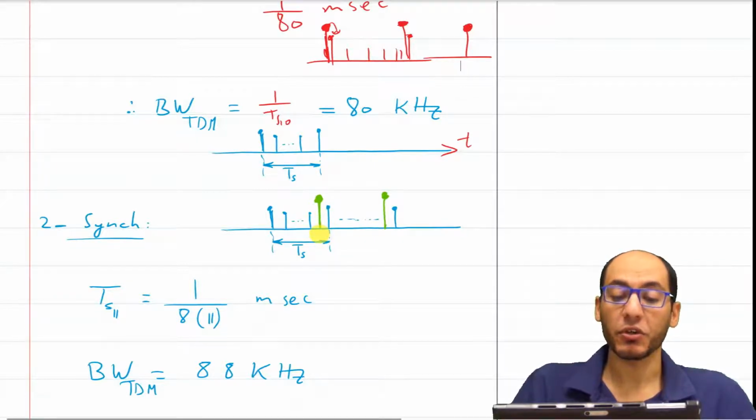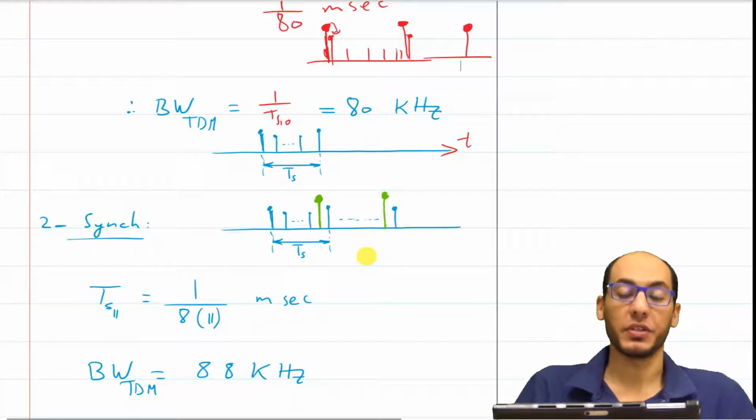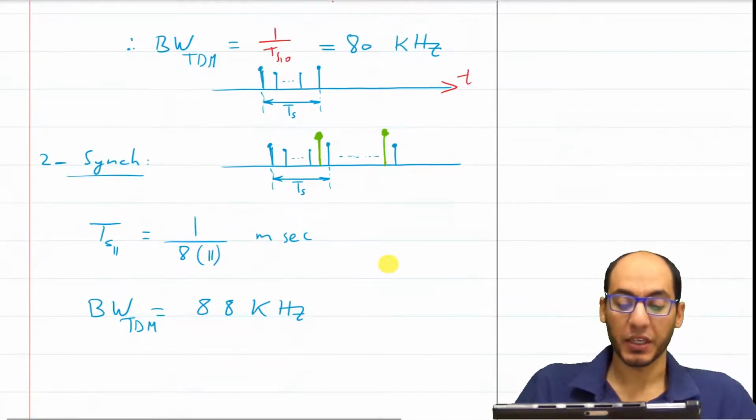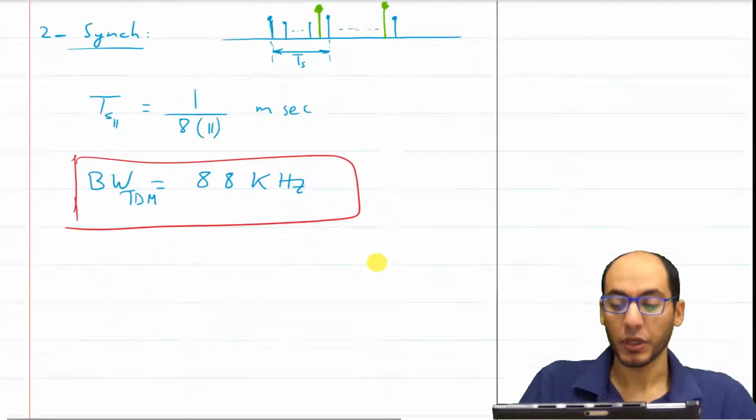So without the synchronization signal, you divide by the number of users, but with the synchronization signal, you need to add 1 to the number of users. The synchronization signal becomes a part of the signal that has been transmitted, and it is with a very high value so that users can know the location of this signal. And that's the case with the synchronization signal.